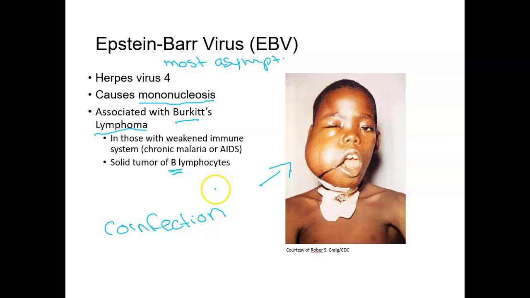And if you have a mistake during the gene rearrangement of producing B cells, which can be triggered by Epstein-Barr, then you can get tumors formed. Then you can get cancers in your B cells, and you can get Burkitt's lymphoma. But we don't know all the details of why this is more common when you have HIV or malaria.